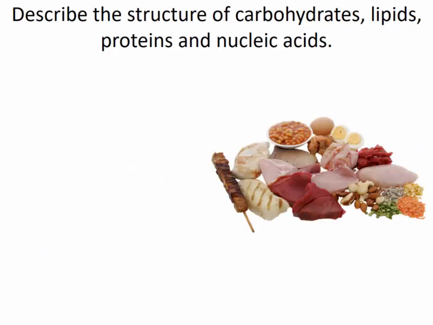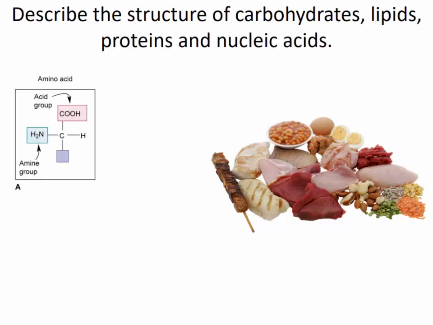Next, we'll discuss proteins. Proteins can be found in all of the foods that we eat, but are usually associated with meats and legumes, the beans that are shown in this picture. Proteins contain carbon, hydrogen, oxygen, just like the carbohydrates, but then also nitrogen. If we look at the monomer for protein, it's called an amino acid.